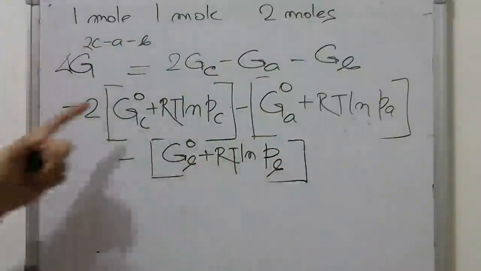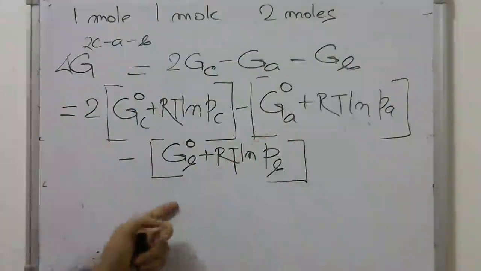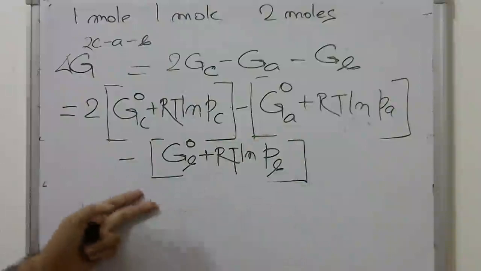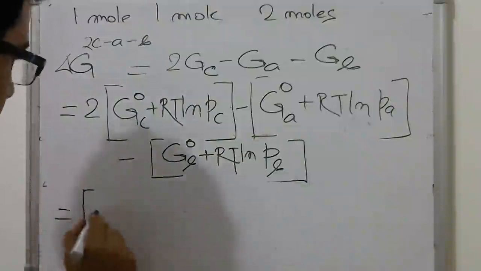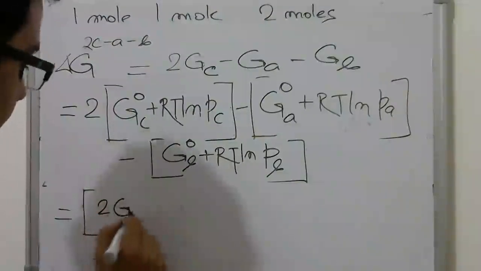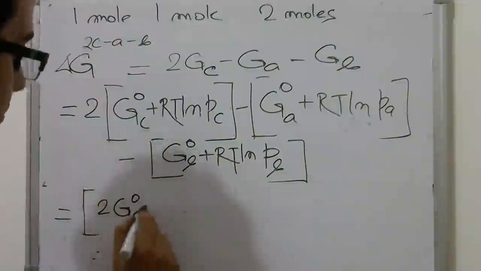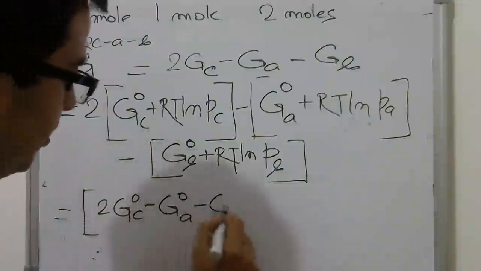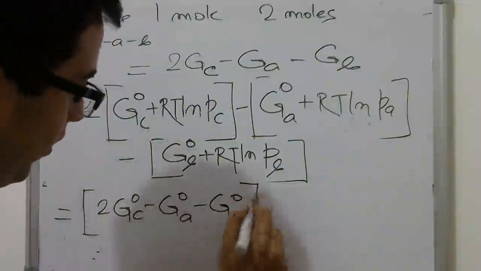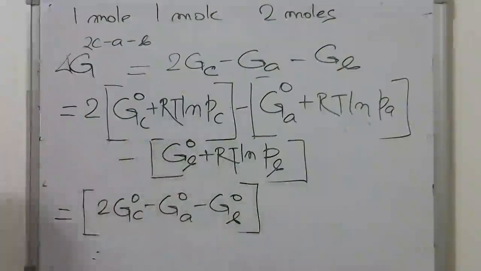Right? If I do these calculations, so I will have in one hand 2GC0 minus GA0 minus GB0, right?